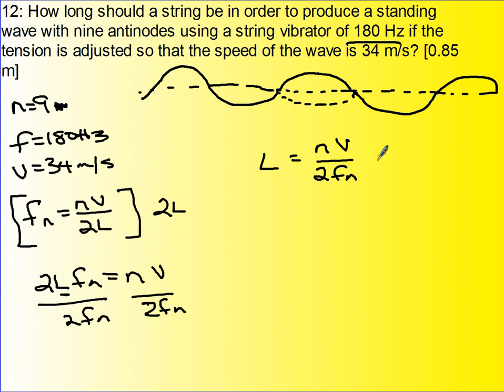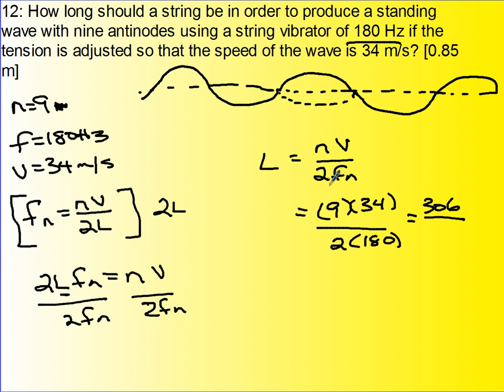Now in this case, n is 9. V is 34. Divided by 2 times 180. Now go on and multiply your numerator. 9 times 34. So this is 306. Now multiply 2 times 180.